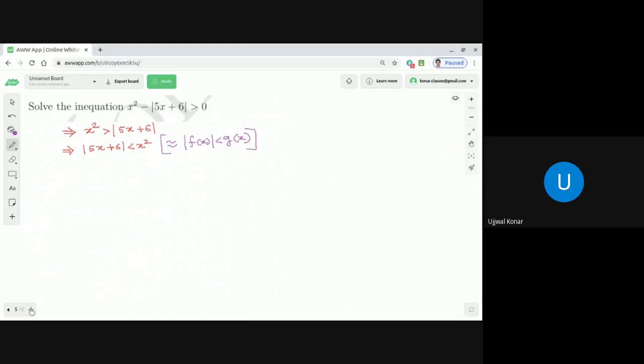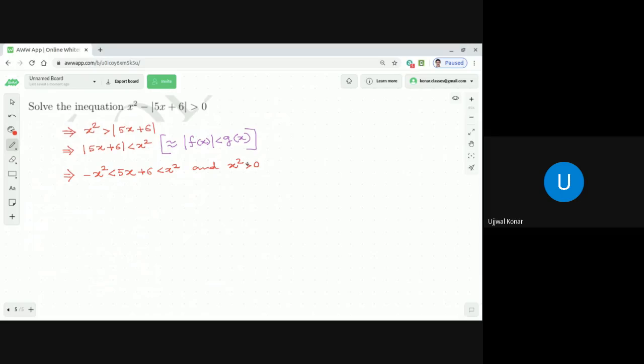Fine. Let us apply that. This implies minus x square is less than 5x plus 6 is less than x square, and gx is greater than 0, that is, x square is greater than 0.